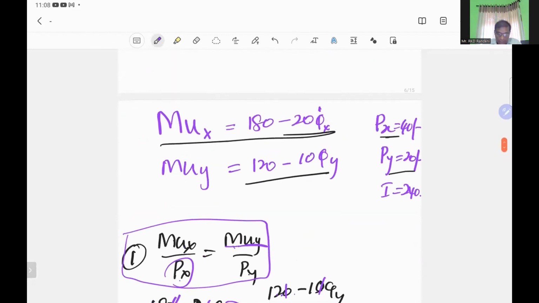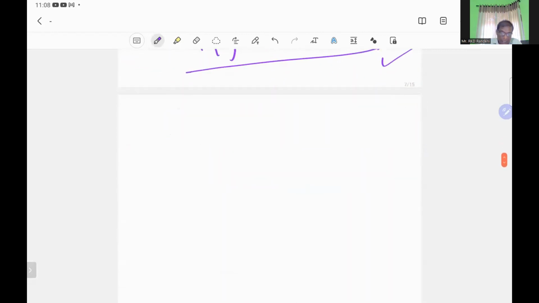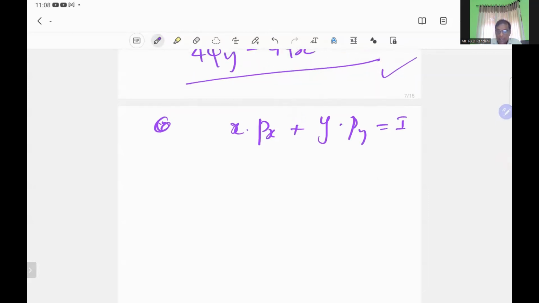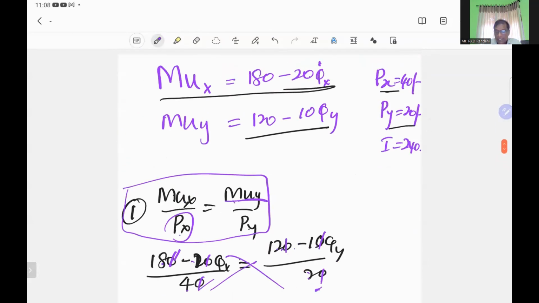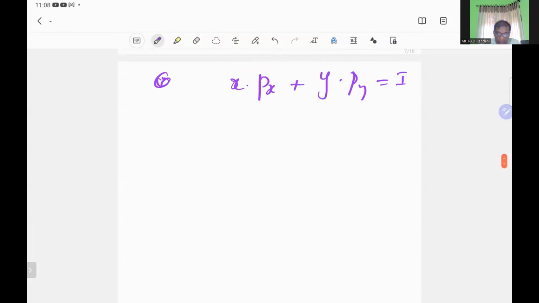Now according to the second condition, this is the second condition, quantity x, you can put that quantity x into price of x, plus quantity y into price of y equal to I. Then according to the given details here, all the things are given, right? Price of x is 40.